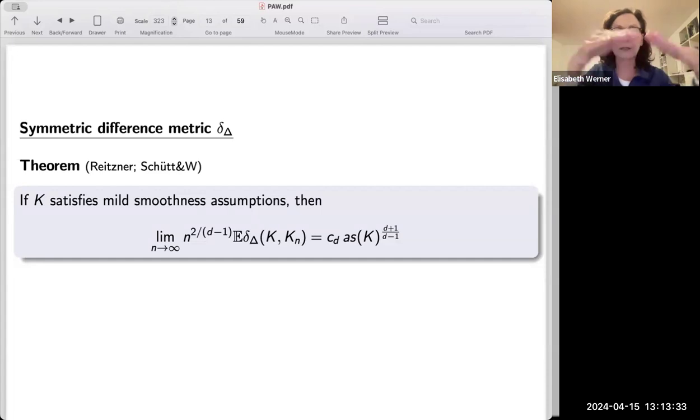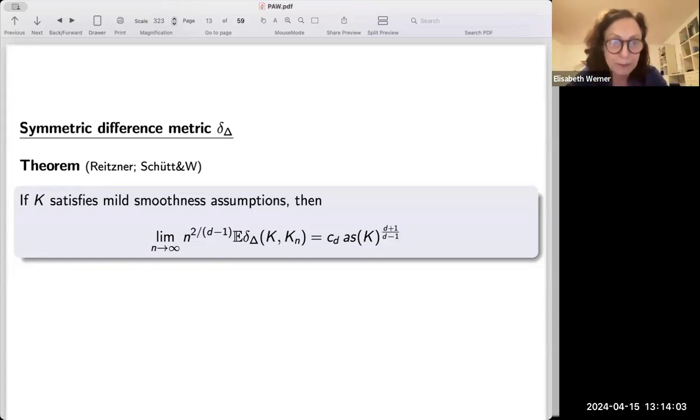And likewise, the ball with radius capital R touches K from the outside and contains K. Those are really mild smoothness assumptions. In other words, the boundary of K has to be such that there exists an inner rolling ball and an outer rolling ball. So those are the smoothness assumptions.